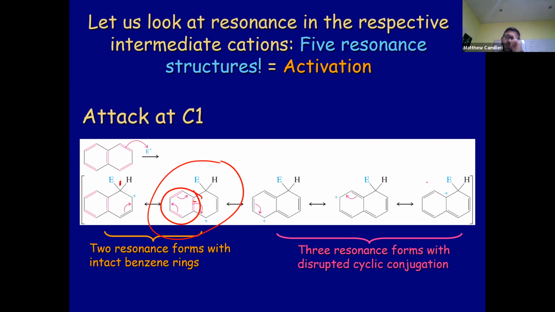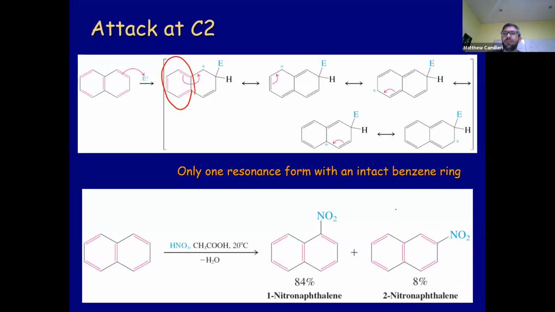Why? Because for the second substitution, you do need to realize that there are more than 2 different positions where you can have the attack. But for the first substitution, there are only 2 positions. They both have 5 different resonance forms.